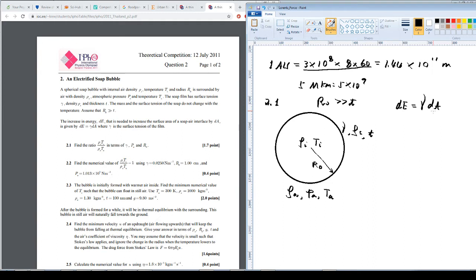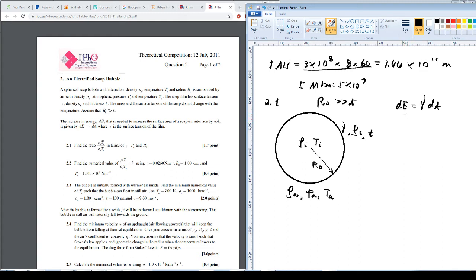So in question one, we need to find a ratio between rho I Ti and rho A Ta, in terms of gamma, the surface tension, Pa, the air pressure, and R naught, the radius. Also, gamma is not a function of temperature.